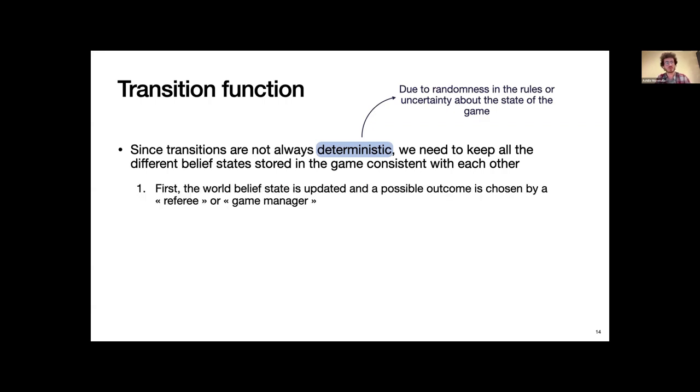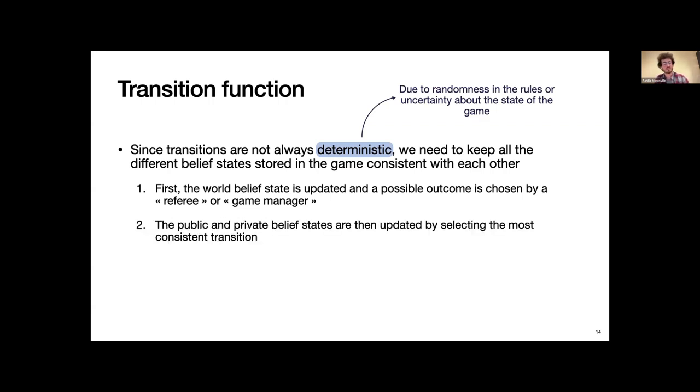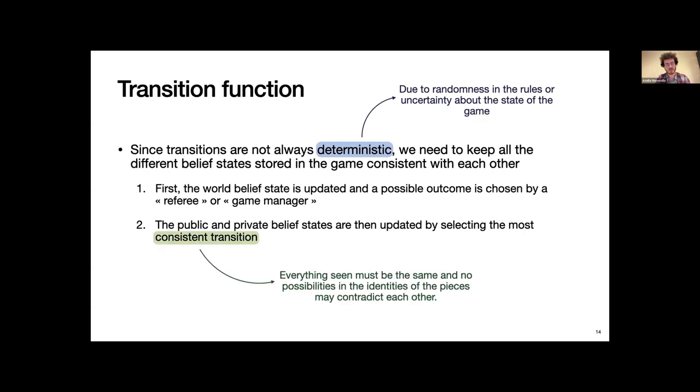To do that, first the world belief state is updated by a referee or a game manager, and only one possible outcome is chosen. Then the public and the private belief states are updated by selecting their most consistent transition relative to the world belief state.